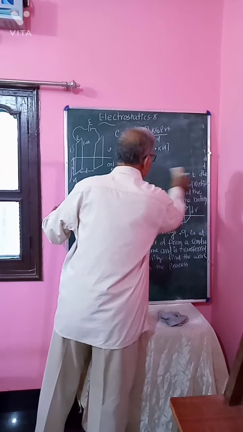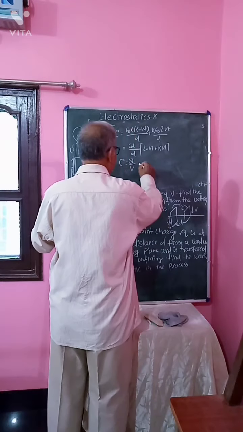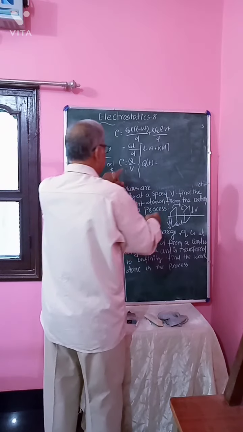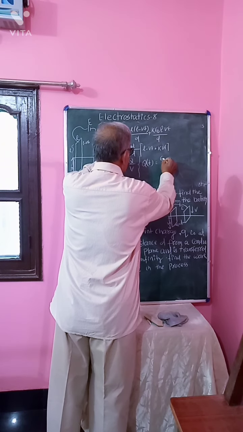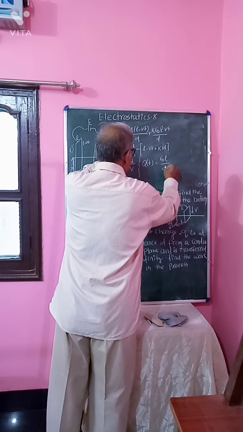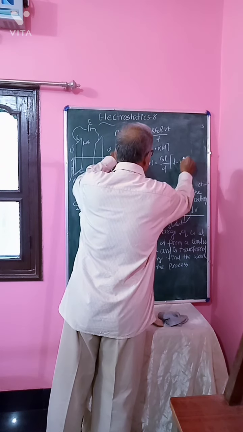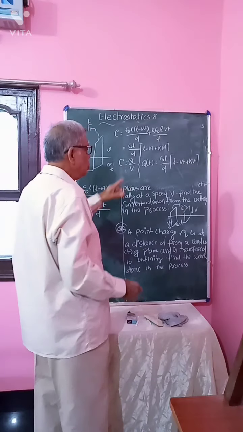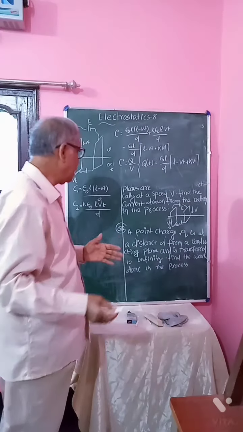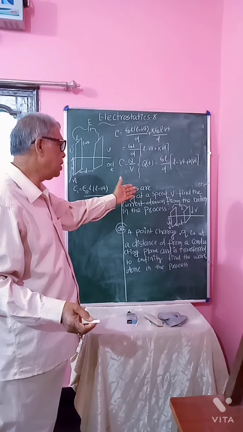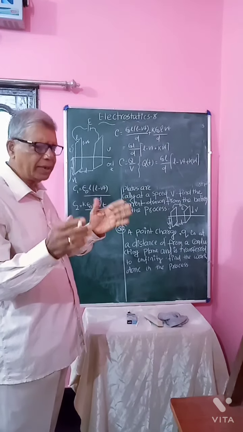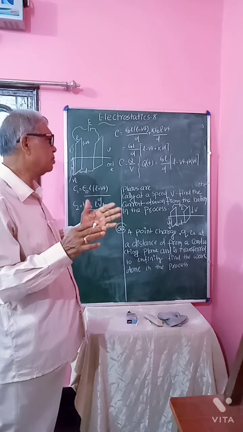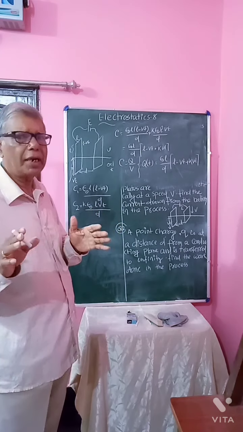So charge at any instant on the plates of the capacitor, Q as a function of time, equals C into V, that is epsilon 0 L by D times L minus vt plus K vt, into the EMF E. In place of V, it is given the EMF is equal to E, under the assumption that the cell has no internal resistance.